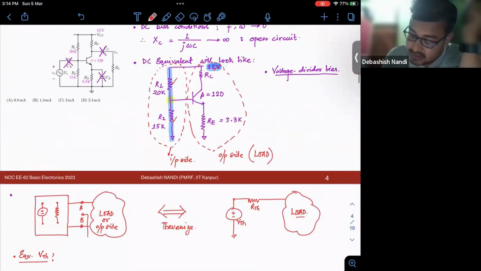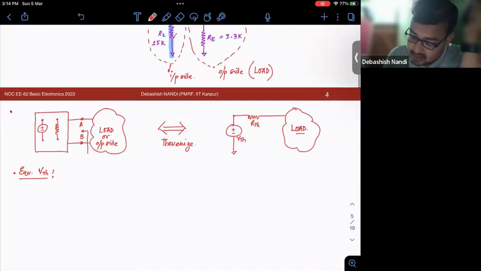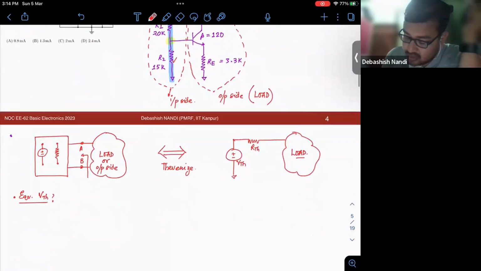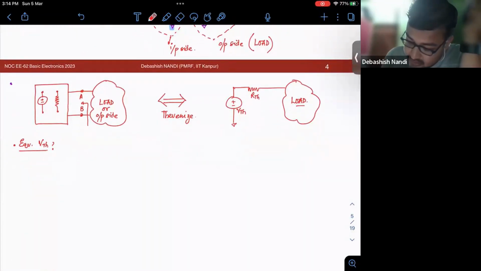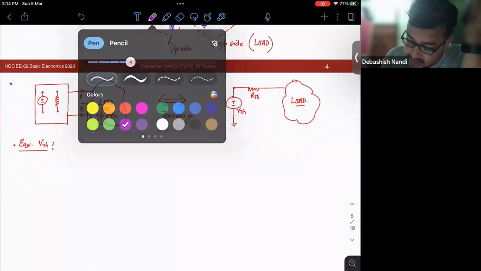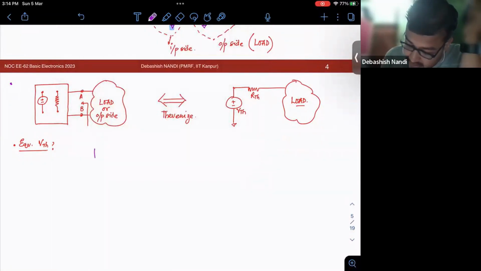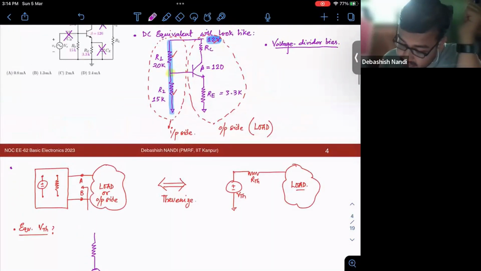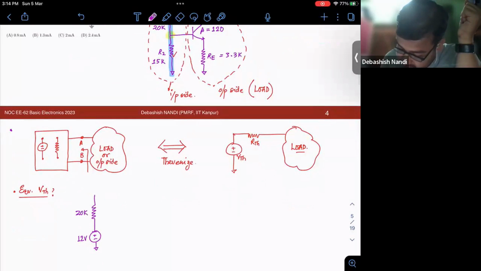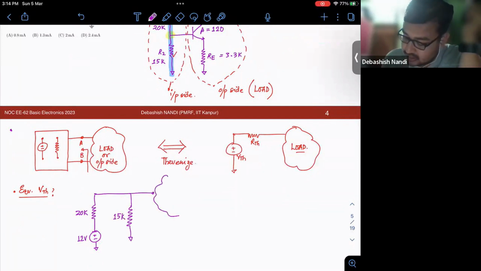So from this, you can see if I open circuit the load, that means this circuit becomes, this is your 12 volt, this is your 20K, and this is your 15K. And from this point onwards, this is load.